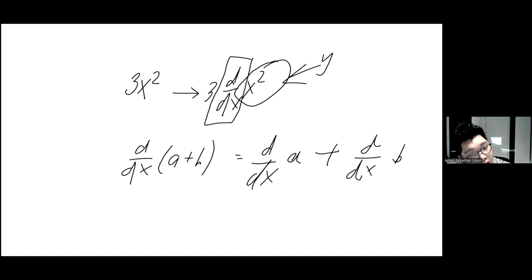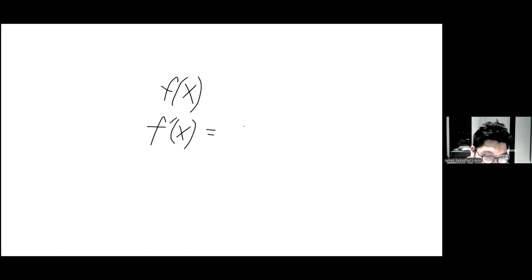Before we move on, I'd like to explain a bit more. I say this is a function f of x. Another way to write the derivative is using the prime notation. So this is the same thing as saying dy dx.